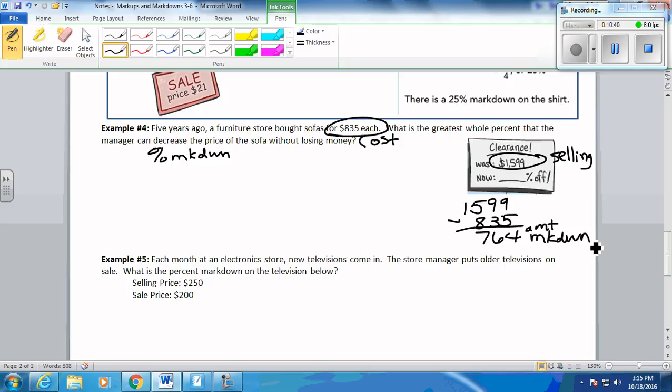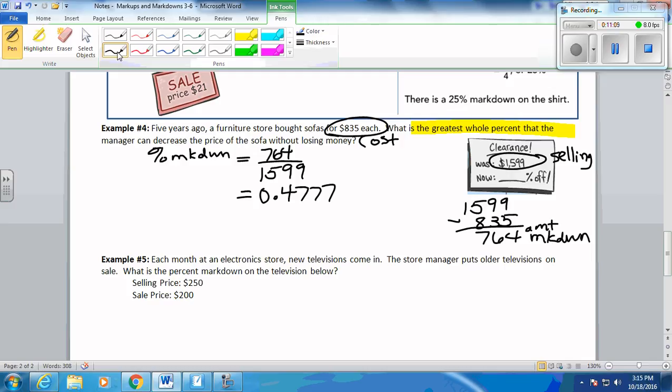So I'm going to take the $764, put it over the selling price, the original price in this scenario, which was $1,599. That will give me 47.777, and so forth. Because they asked what is the greatest whole percent that the manager can decrease the price of the sofa, some of you are thinking, oh, 47, that rounds up to 48.